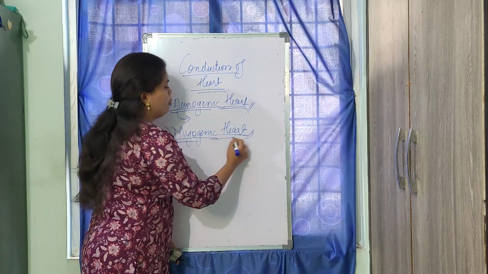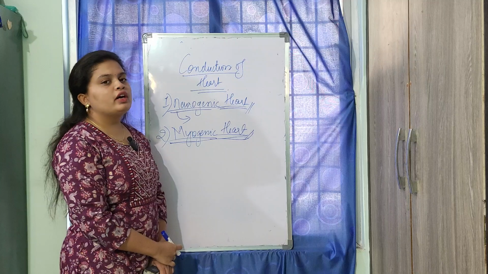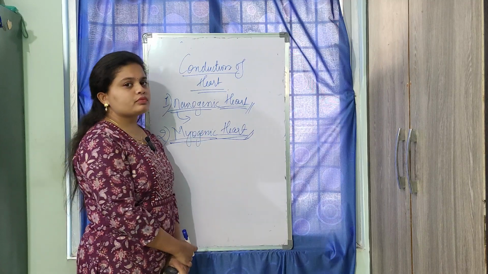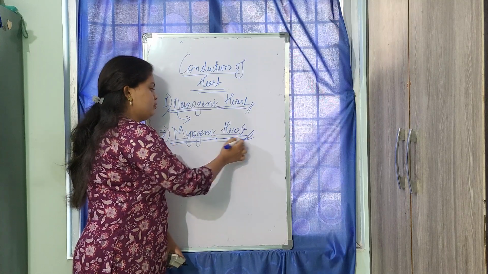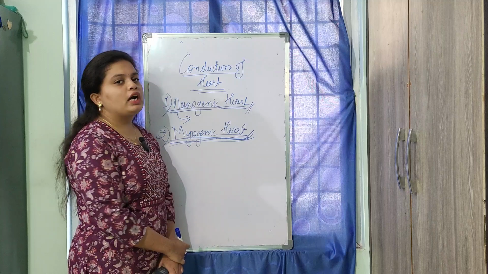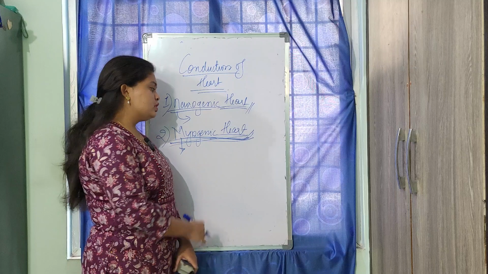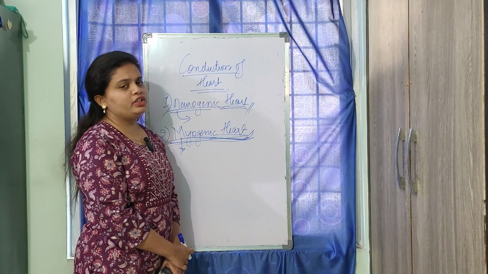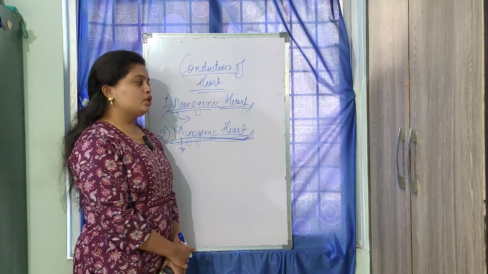But when we talk about our heart, we have a special type of heart, a myogenic heart. Here the muscles have advanced, the muscles have modified themselves, and they are responsible for the conduction of the heartbeat. There is no need for any nerve impulse or signal from the CNS to beat.